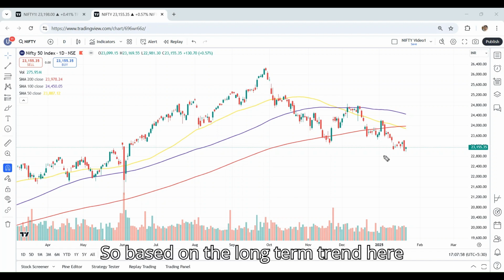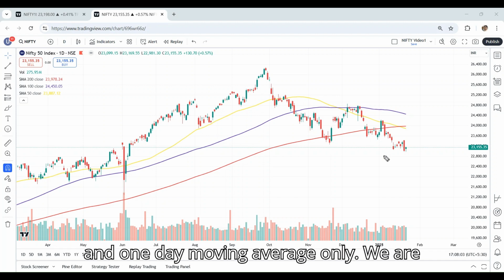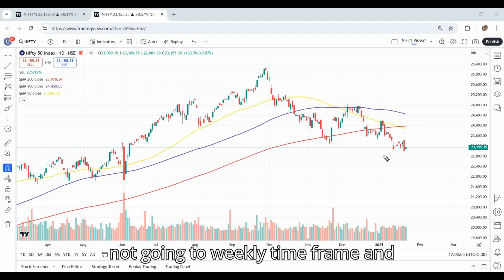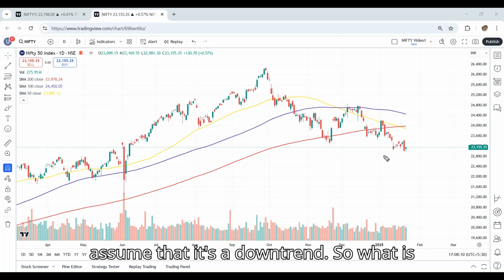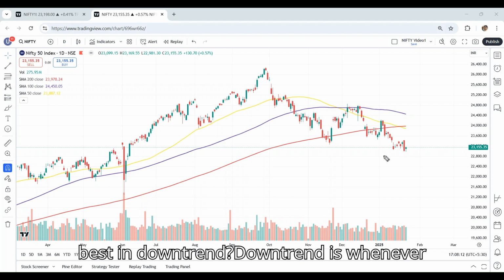Based on the long term trend here, long term we consider the 1 day chart and 1 day moving average only. We are not going to the weekly or monthly time frames. So we will assume that it's a downtrend. What is best in a downtrend?